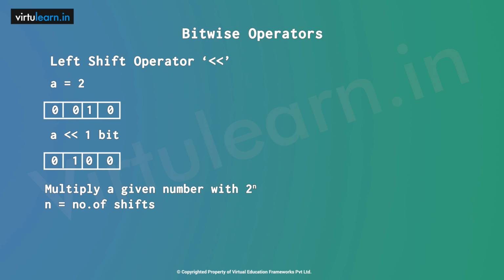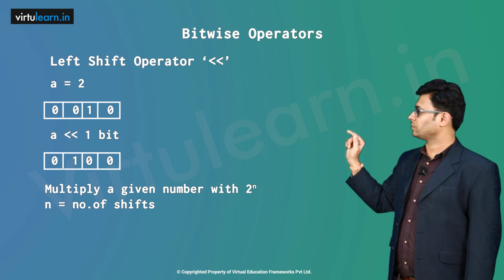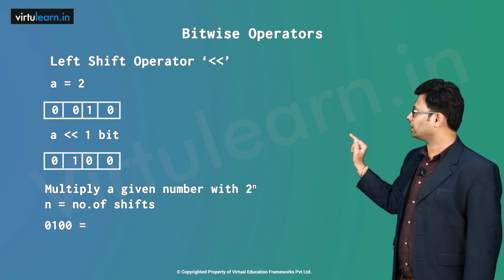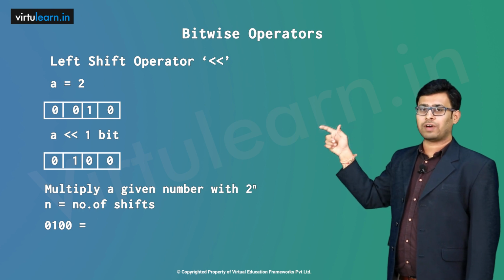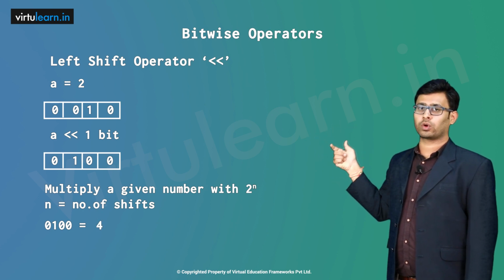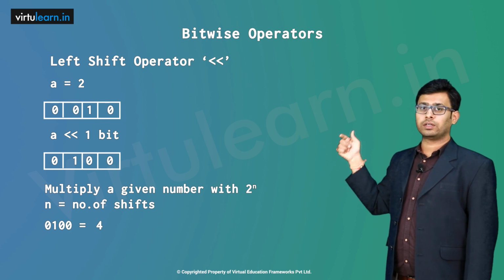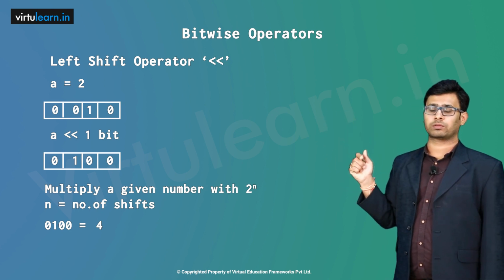The number was 2 and it was represented by 0010. I am now left shifting by 1 bit, which means 0100. Right? Now the value 0100 is 4. We all know that.